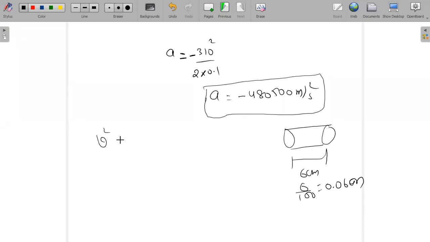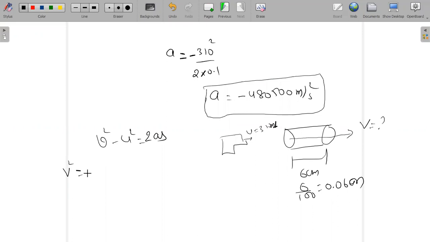What is the formula? v² − u² = 2as. Now same gun is there, same velocity is coming, u = 310 meters per second, but length is reduced. Obviously when length is reduced, the bullet will come out with some velocity. That velocity we have to find.